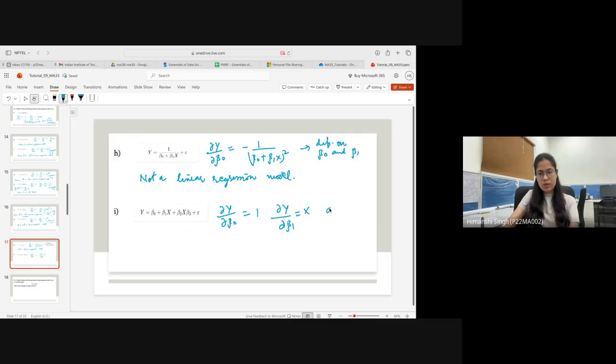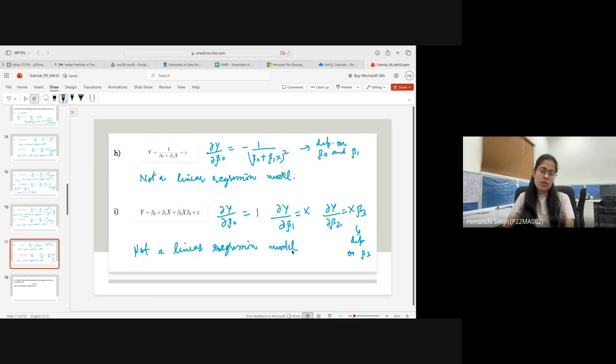Now del y over del beta 3 will be 0 for the first terms, but here it will be x into beta 3, which is dependent on beta 3. So it is also not a linear regression model.